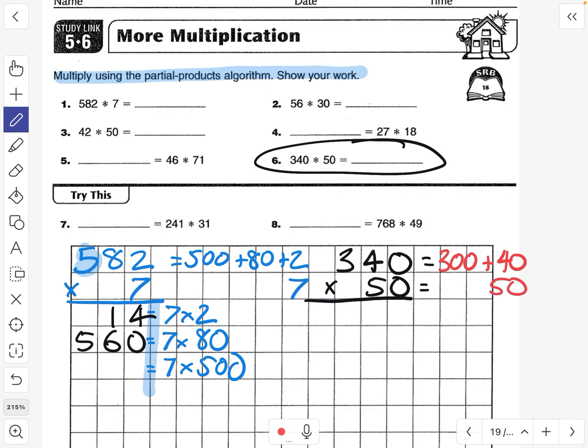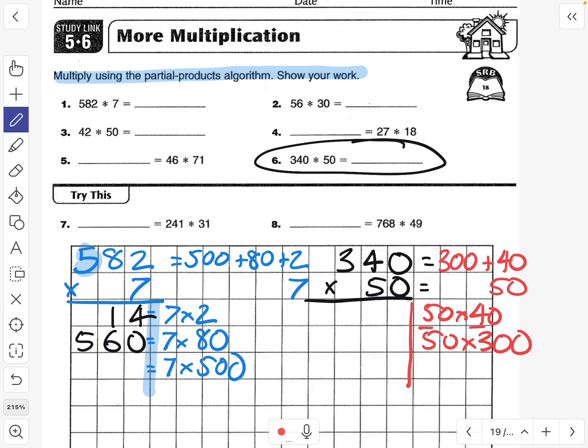So it's a long problem, but it's actually an easier problem because there are only going to be 2 partial products. There's going to be 50 times 40, and there's going to be 50 times 300, which should actually be pretty easy for you because we know that rule about extended facts.